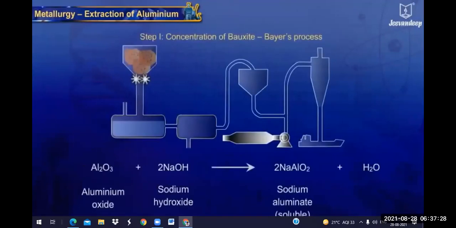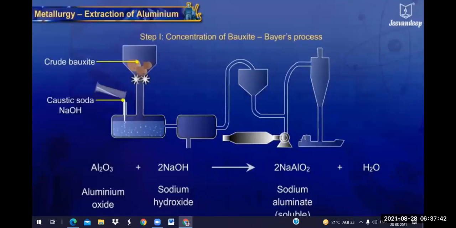Step 1. Concentration of bauxite. Crude bauxite ore is crushed and then treated with hot concentrated caustic soda solution, that is NaOH solution, in a tank called a digester under high pressure for 2 to 8 hours at 140 to 150 degrees centigrade.